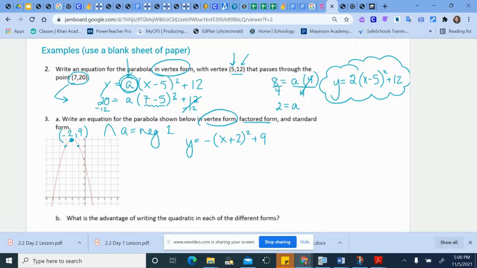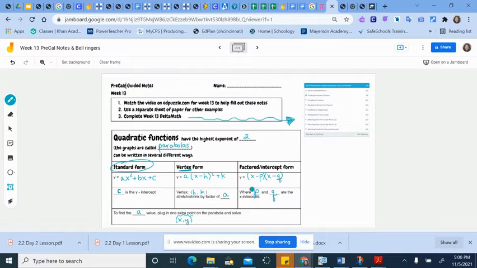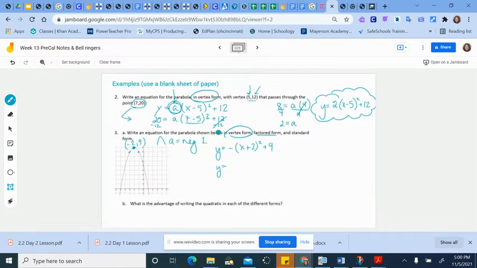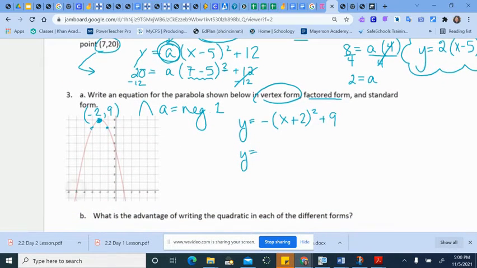Now let's do factored form. Now remember, factored form, we look back at what we wrote over here. Factored form is where we look at the x-intercepts. It's x minus the x-intercept and x minus the other x-intercept, or the root. So where does this thing cross or touch the x-axis?